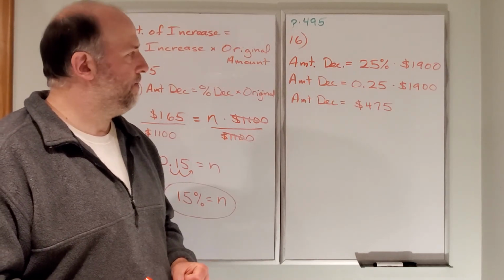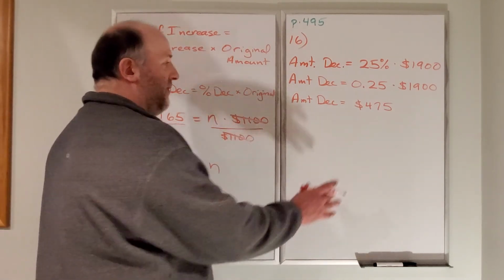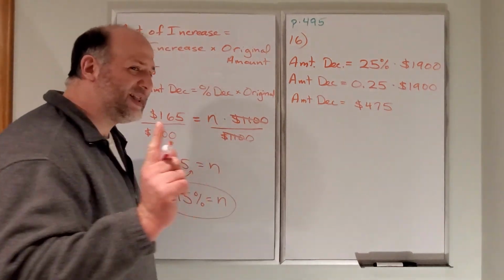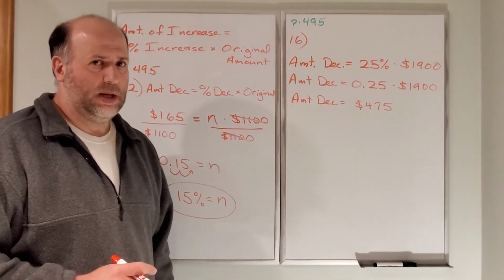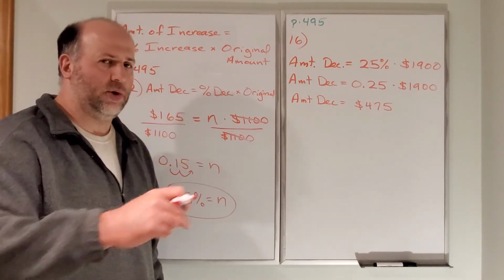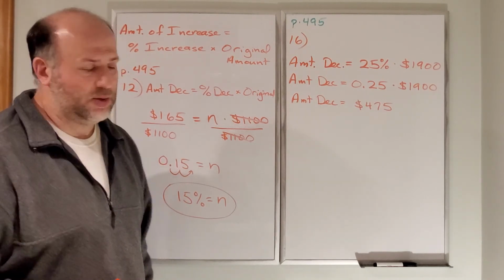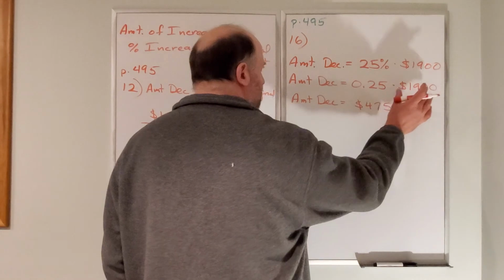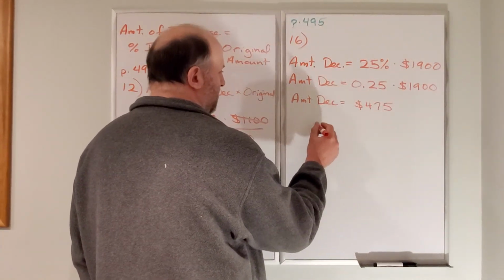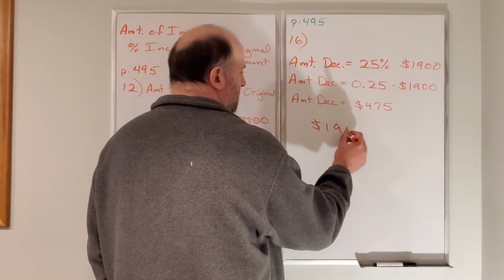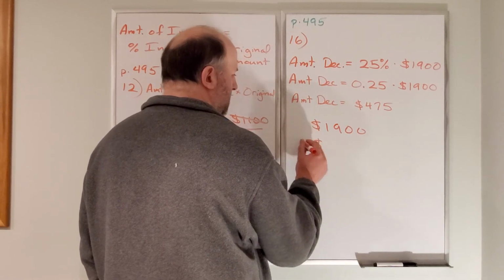And that's $475. That's not the answer to the question, though. That just tells us how much they're going to reduce the price by. To actually answer the question, we need to take this and subtract it from the list price to get the result.